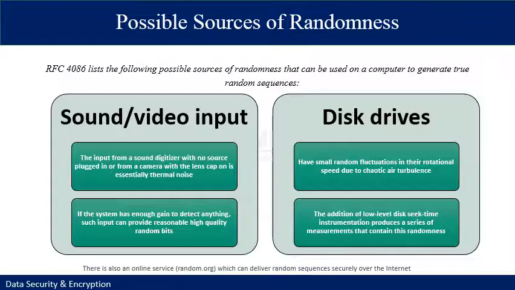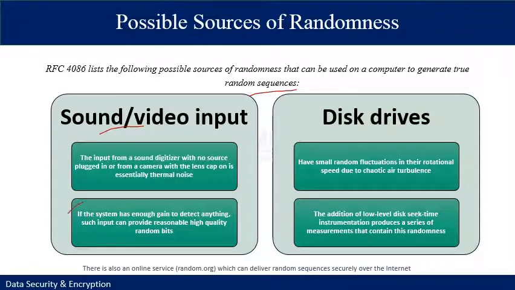The RFC 4086 standard lists possible sources of randomness that can be used on a computer to generate true random sequences. One example is sound or video input. In this case, the input from a sound digitizer with no source plugged in, or from a camera with the lens cap on, is essentially thermal noise.